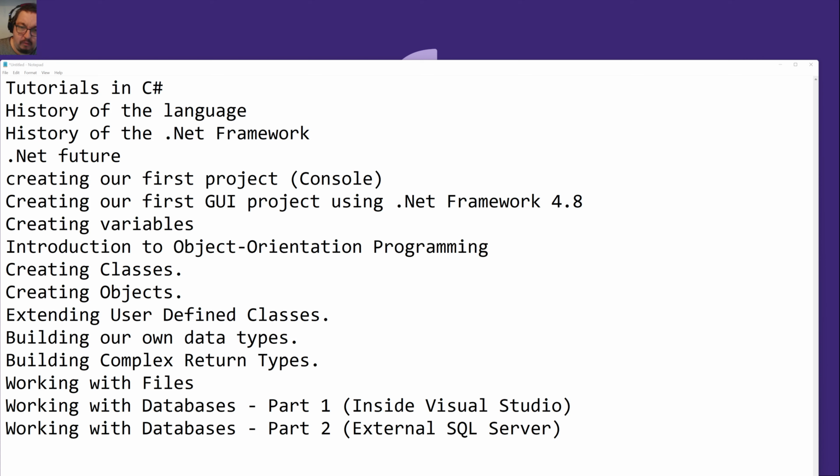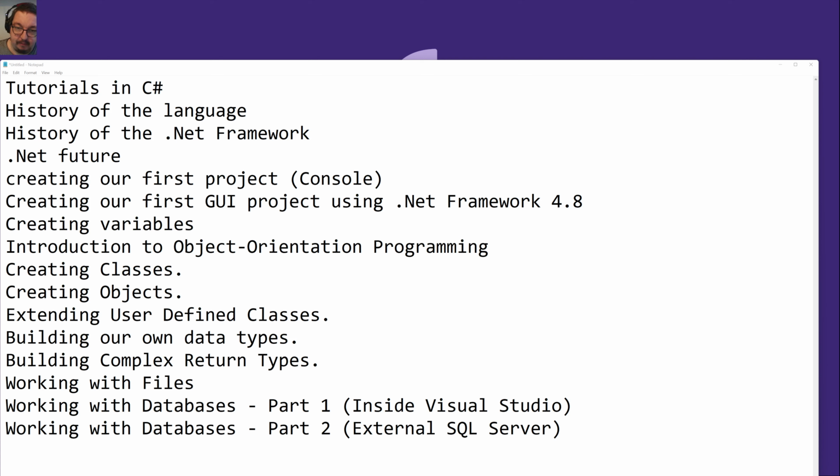Okay, then we will have our first application, our first project, using the console, the console application. We'll do it within Visual Studio, and we'll also do it within the command line as well.